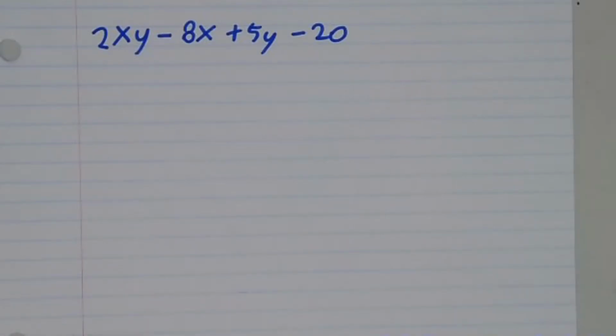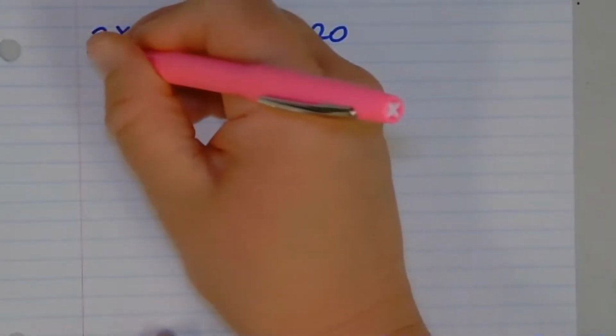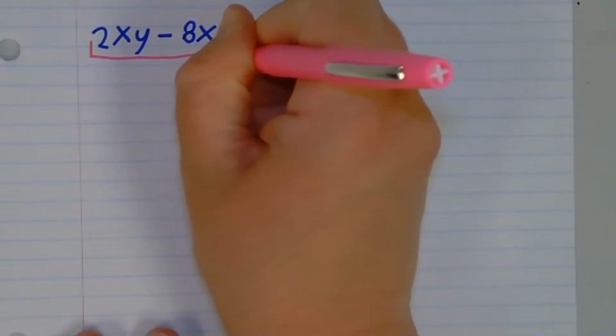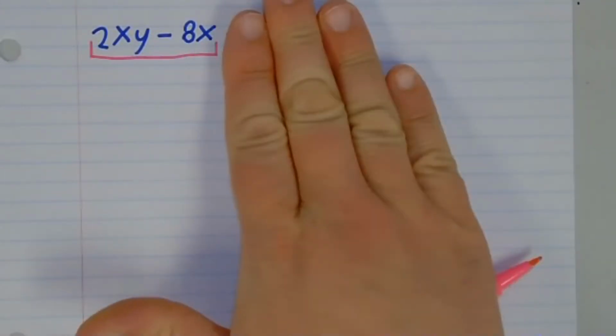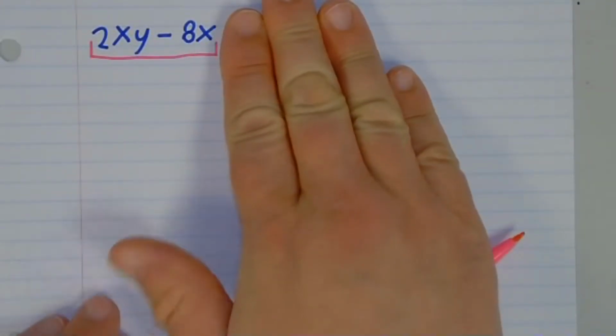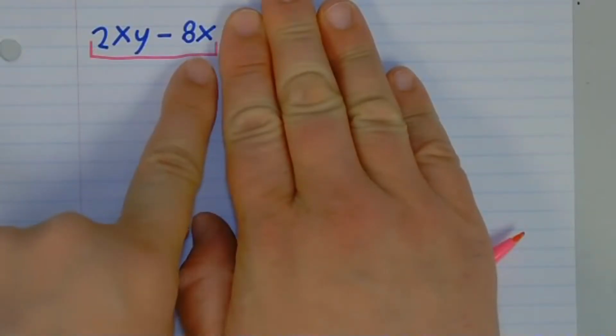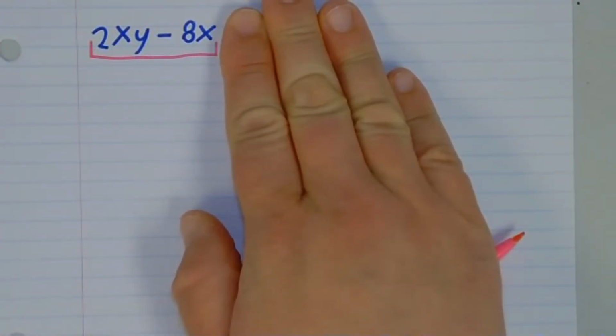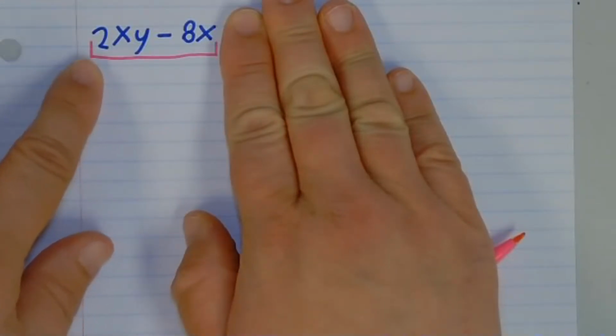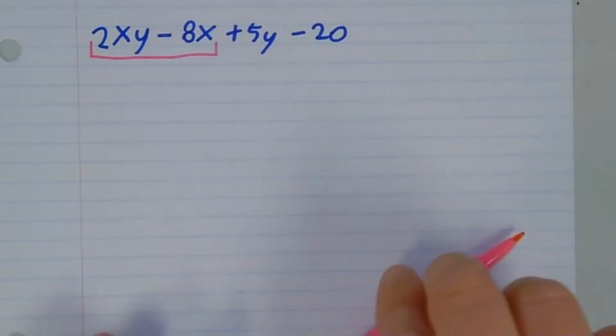But I can still use my grouping strategy. If I look at just those two, I can factor out definitely an x, and since they're both even, I can factor out a 2. And since this is a 2, I know I can't factor out anything bigger than 2.